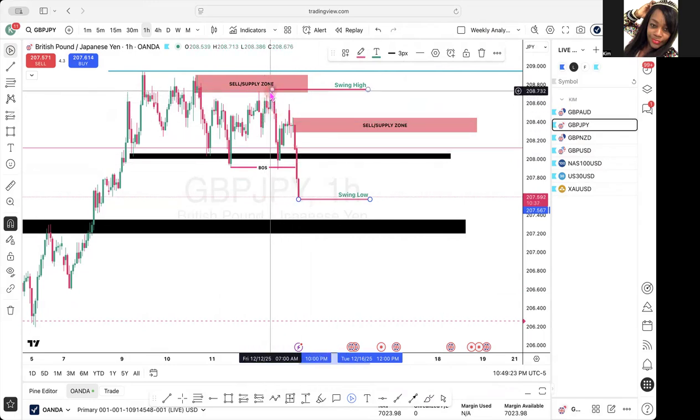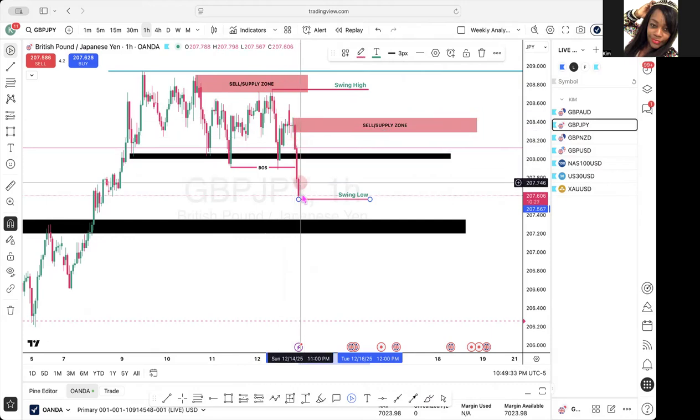Price has already tapped into this supply. Once this broke, it pulled back into this supply. So now we have this supply. So I would be looking for price to pull back into this supply and continue selling.